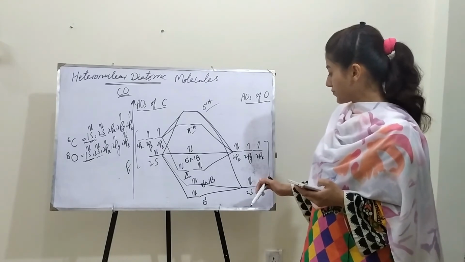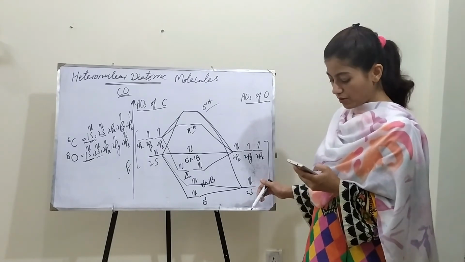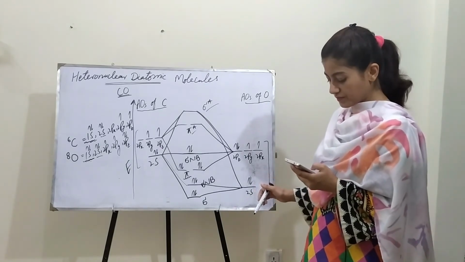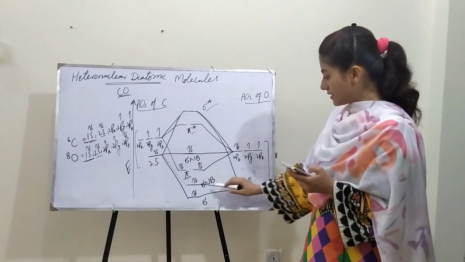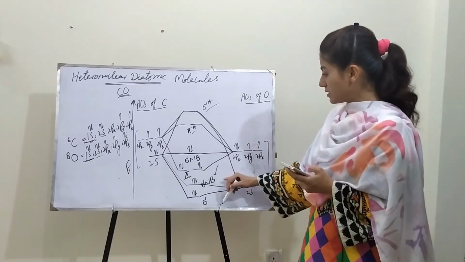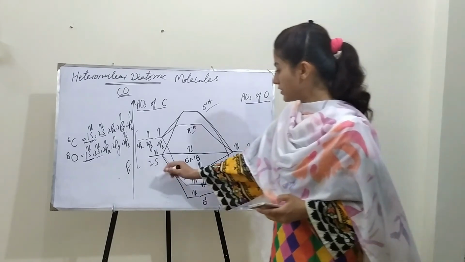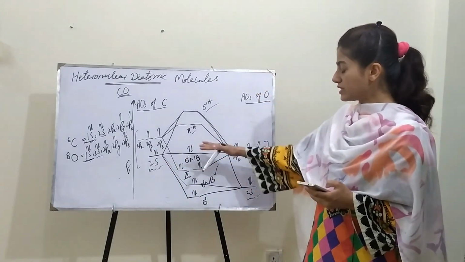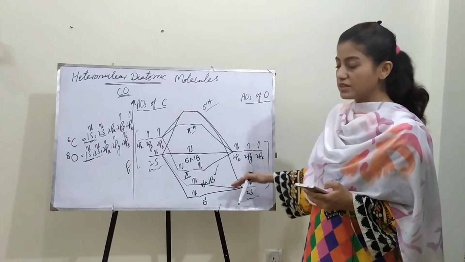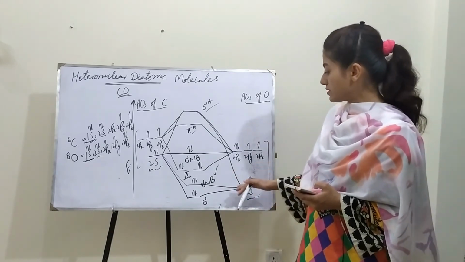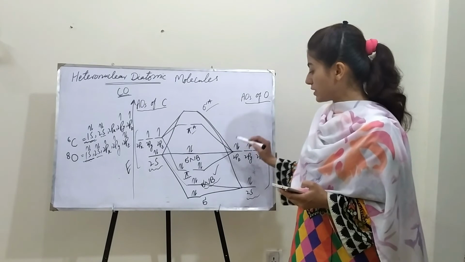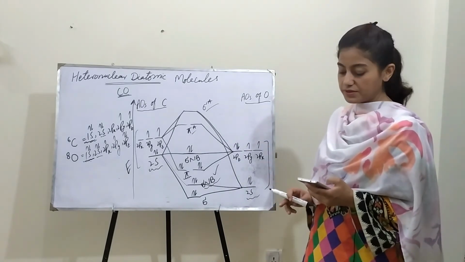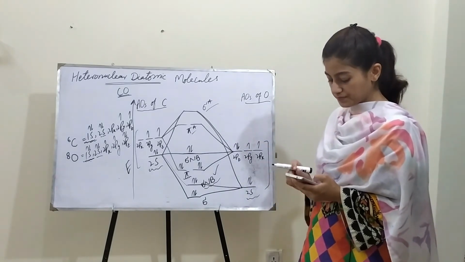So in this way these bonds have been formed, and this non-bonding orbital is formed as a result of interaction of this 2s with this 2s, because there is an energy difference between these two atomic orbitals. As a result of that, 1 sigma non-bonding orbital has been formed.